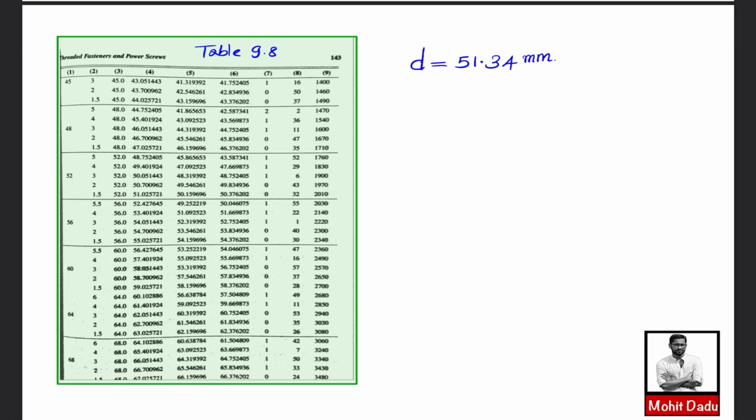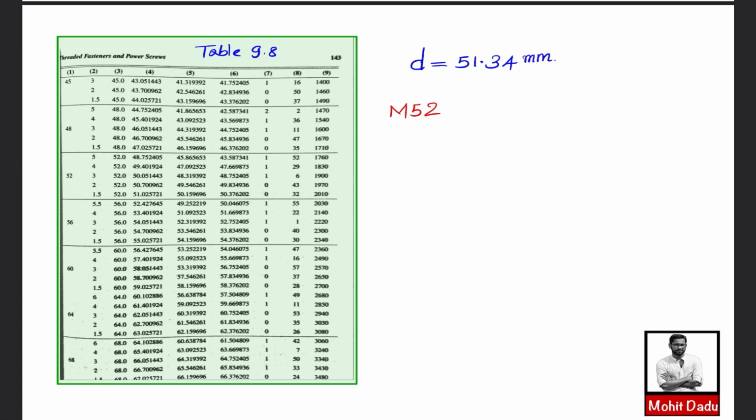Then you can find that the next nearest standard value to this 51.34 is 52 mm. That means this ISO metric thread you can select or designate as M52, and you have to select the pitch. So here the different pitches are 5, 4, 3, 2, 1.5. So you can take any value.